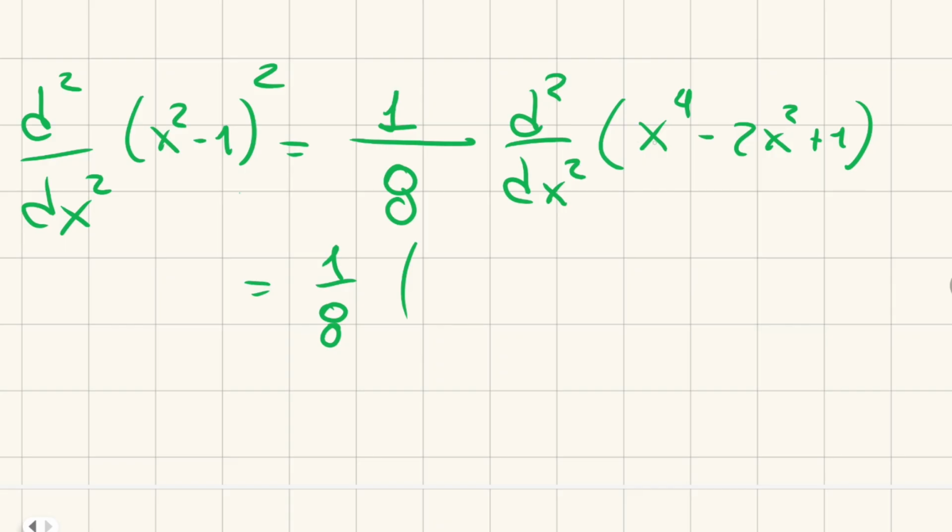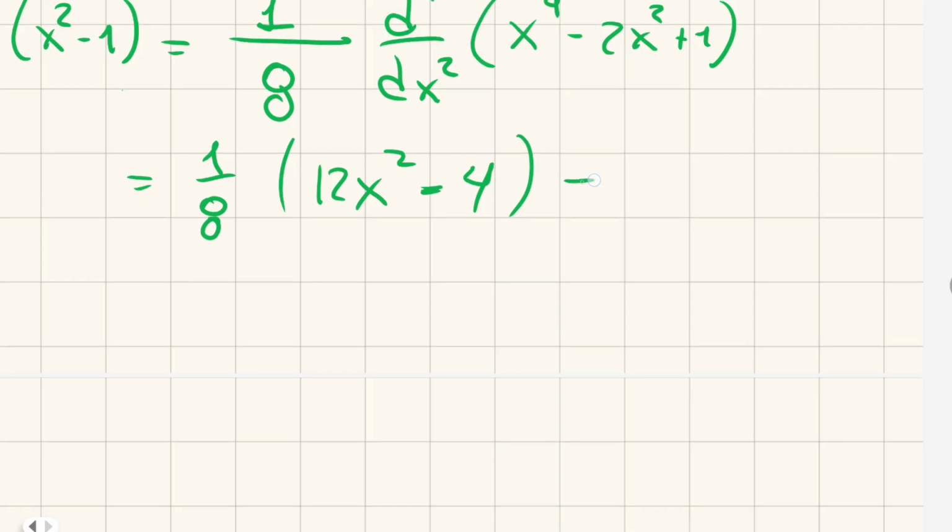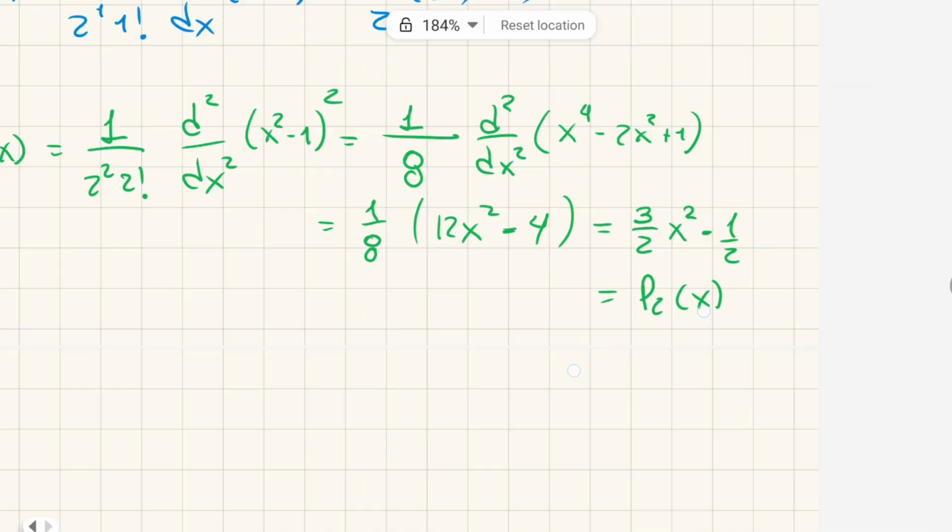Well, it will be 12x squared minus 4, from the 4x to the 3rd power and minus 4x. Okay, yeah, I think that's it. So if we simplify a little bit, it will be 3 divided by 2, x squared minus 1/2. Okay, so that is P sub 2 of x.